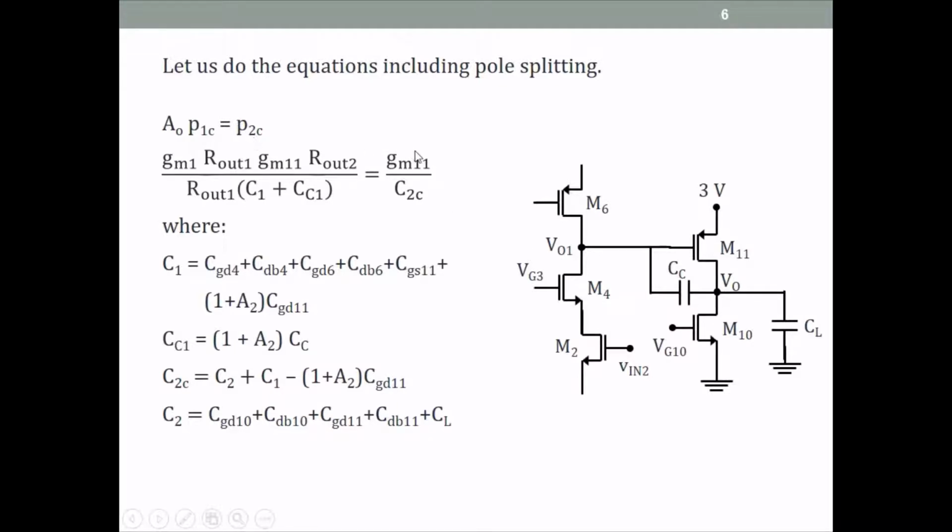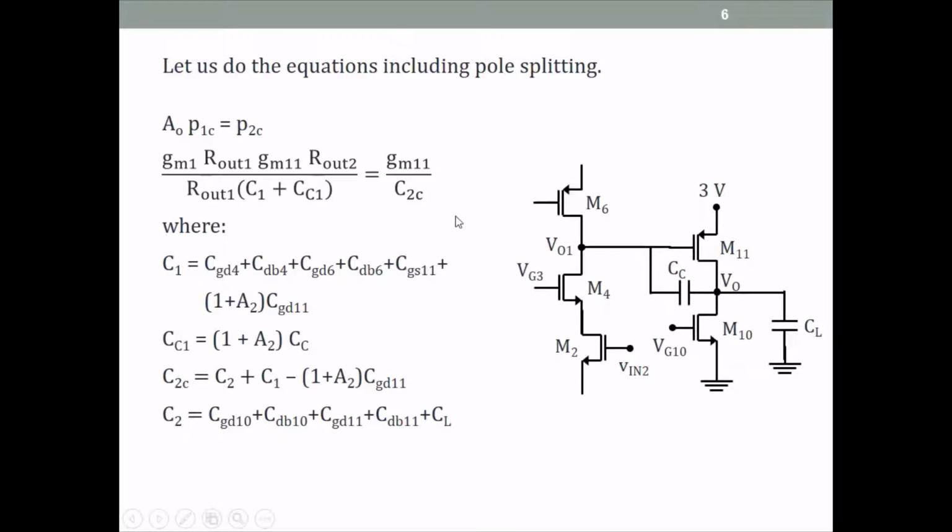The P2, which is the pole at this node, now has a resistance of 1 by GM11 as we just saw, and the capacitance at that node has to be calculated with CC short circuited. So if we short circuit CC, then we get the total capacitance at this node plus the capacitance at this node, because now CC is short circuited.